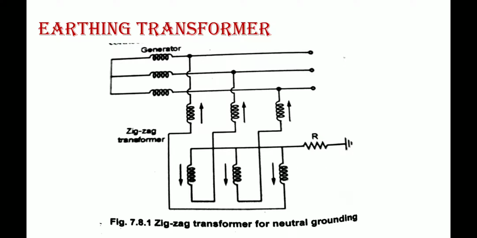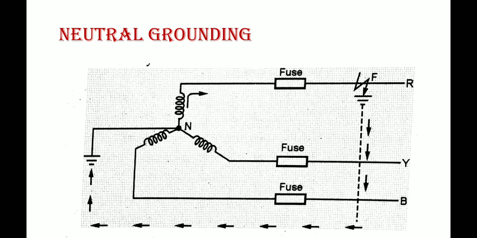So this is all about the earthing transformer itself. Next, one more important bit: this is the neutral grounding here. What does neutral grounding mean? See here, the neutral connection, this is the star connected system. Here, in this neutral connection, the grounding is done.